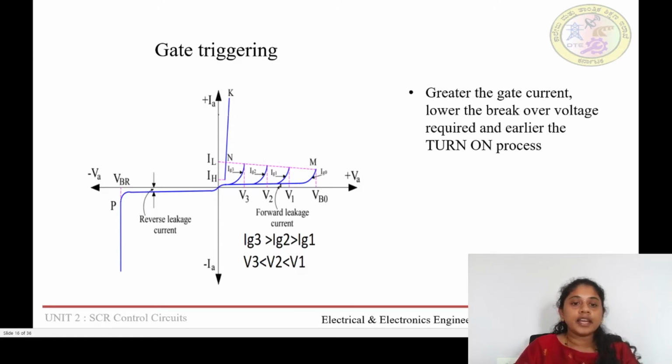For a higher gate current Ig3, the breakover voltage required is V3 and the turn on process is earlier. So to conclude, the higher the gate current, the earlier the turn on process. This is the most commonly used method to turn on the SCR, because with a small amount of gate voltage an SCR can be triggered.